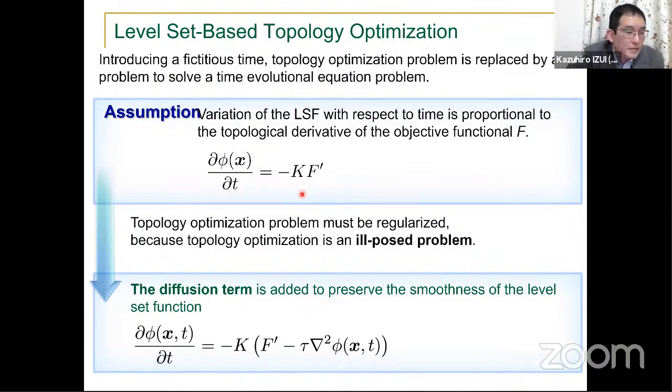Here, f prime is the topological derivative of the objective function f. And we introduce the diffusion term as shown in this equation to preserve the smoothness of the level set function in the optimal configuration. So we can control the complexity of the structure using this method by controlling the value of tau in this term.